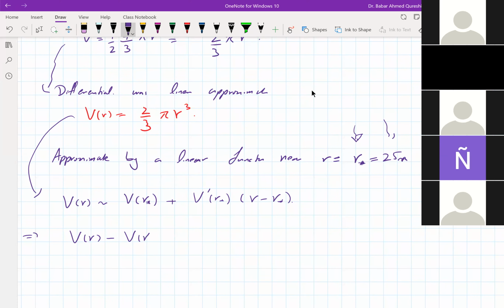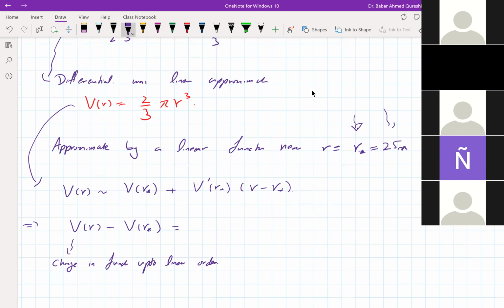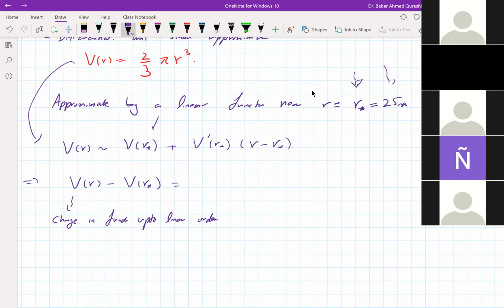This is the linear change in the function up to linear order. This is the value at R star.